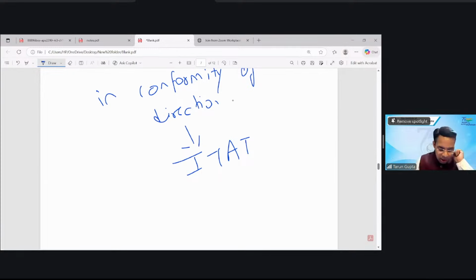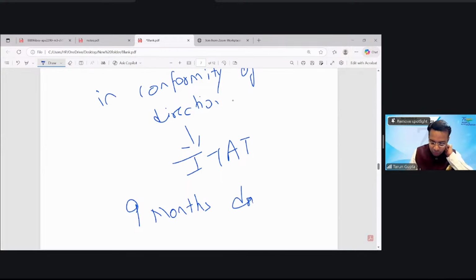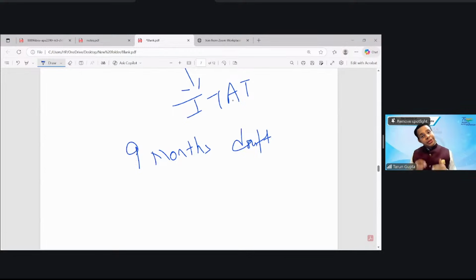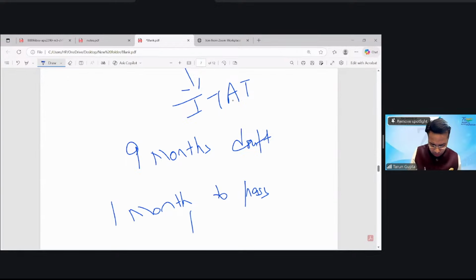Yes, we discussed. There's a time limit of 9 months for the DRP to issue direction, 9 months from the end of the month in which the draft order was passed. And once the directions are issued, the AO has a time limit of 1 month, similar to earlier, to pass the final order. You with me?